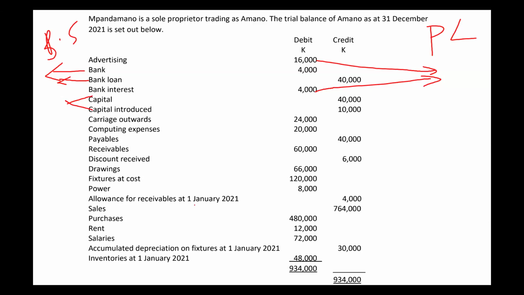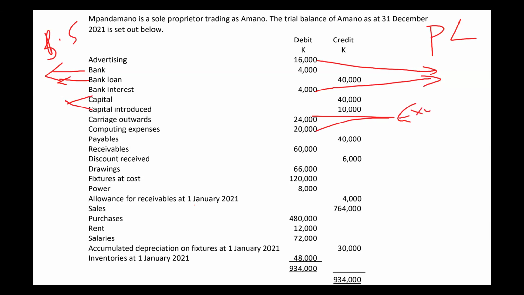What section is that? Under expenses. Right? Sorry, sir, you're breaking.